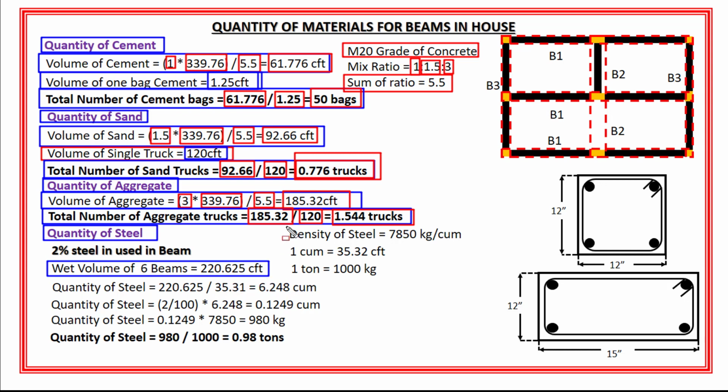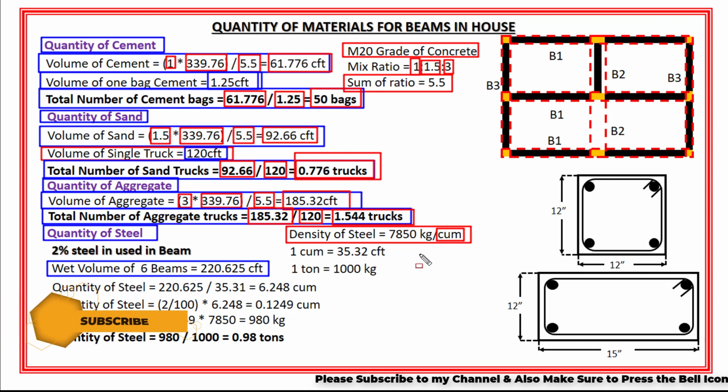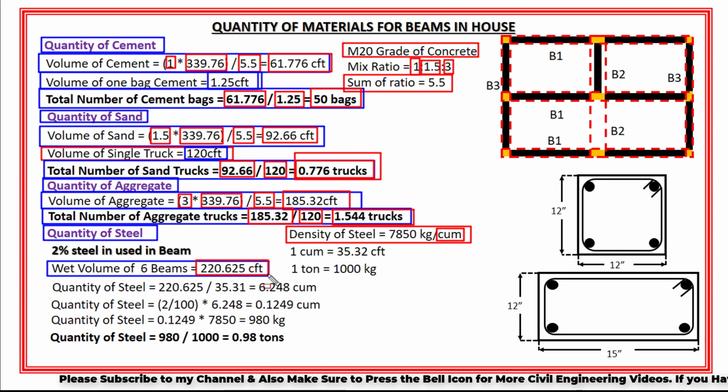Because the density of steel is in cubic meter, which is equal to 7850 kg per cubic meter, okay? So in order to calculate the amount of steel in these 6 beams, I have to convert the weight volume of these 6 beams from cubic feet to cubic meter, right?